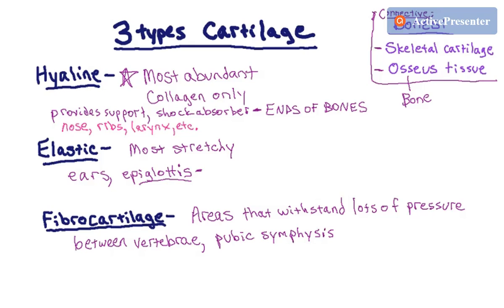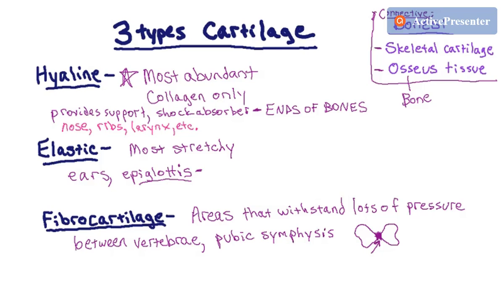The pubic symphysis is just like, here's one half of your hip bone, this is your pelvis, and then here's the other half of your pelvis. Right where these meet in the middle, there's this little piece of fibrocartilage.